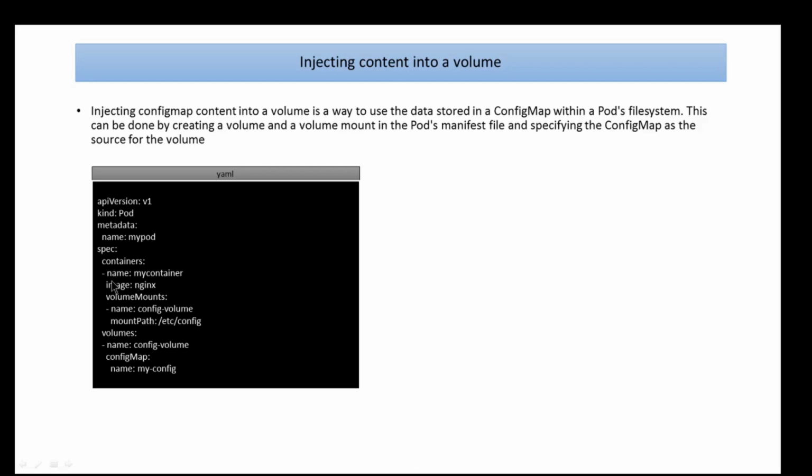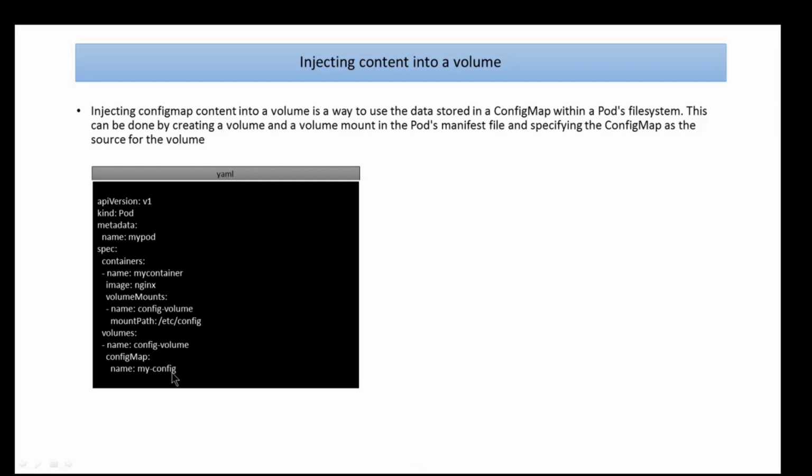So nothing but you need to create a volume. In the volume you need to say, hey, my volumes come from the config map, right? If you say this, it creates a volume. That volume you are calling here in the volume mount. Whatever data is available in this config map will come under the etc config directory as files.